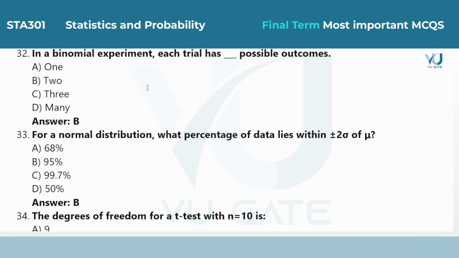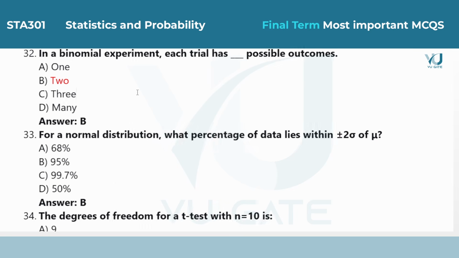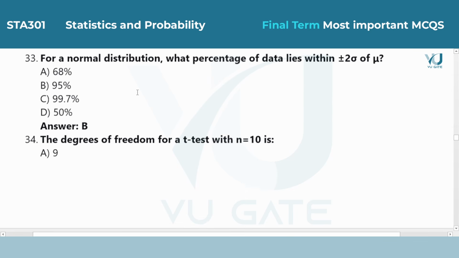Question. In a binomial experiment, each trial has how many possible outcomes. Answer. B, 2. Explanation. Each trial in a binomial experiment must result in only two possibilities, usually called success and failure. Question. For a normal distribution, what percentage of data lies within plus or minus 2 sigma of mu? Answer.